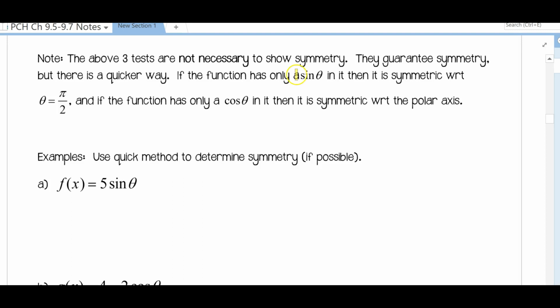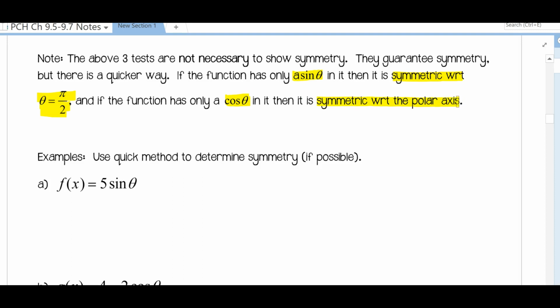If our function has an a sine theta in it, notice there's no coefficient in front of my theta, so if it has some a sine theta in there, then we know it's symmetric with respect to theta equals pi over 2. And if the function only has a cosine theta, again, notice there's no coefficient in front of the theta, then it's symmetric with respect to the polar axis.